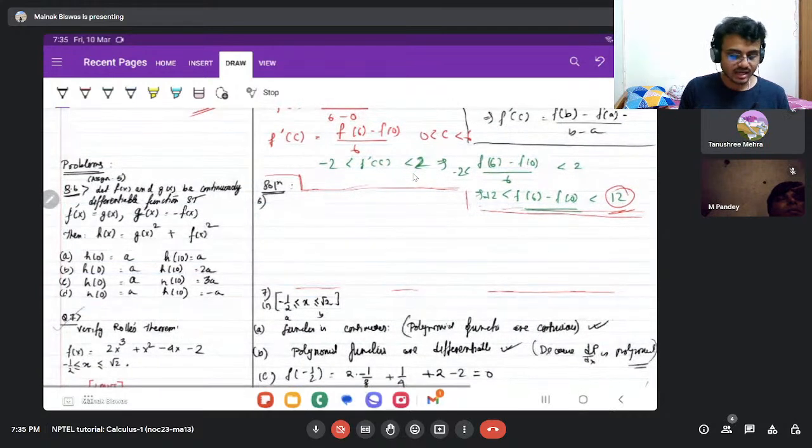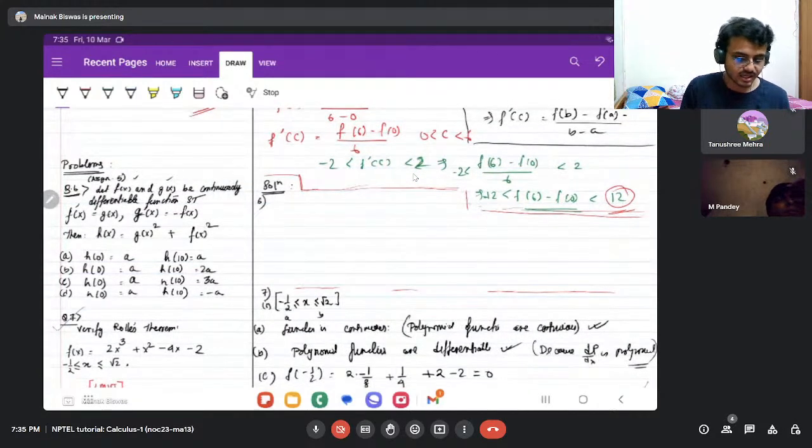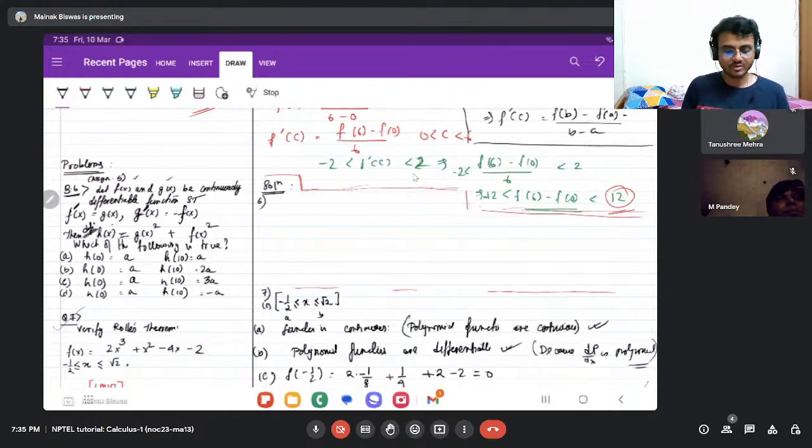So it's told that f of x and g of x are continuous and differentiable such that f dash x is g of x and g dash x is minus f of x. Then we define h of x this way. Which of the following is true? This is what my question is, which of the following is true.